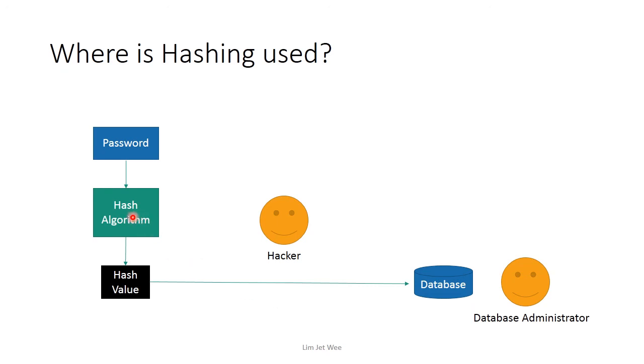So by using the hash value instead of your password, even if a hacker were to successfully intercept the packet that you send over, he or she will only see the hash value and not the plain password.